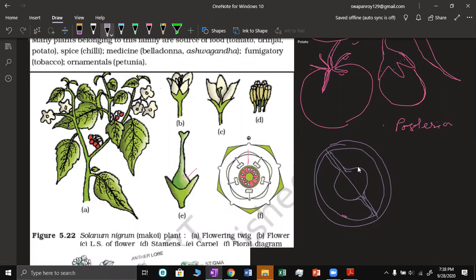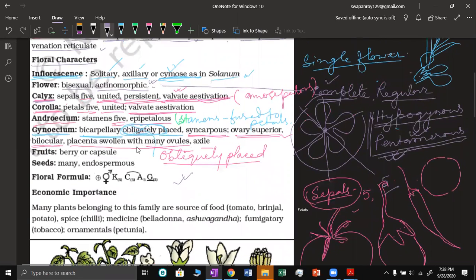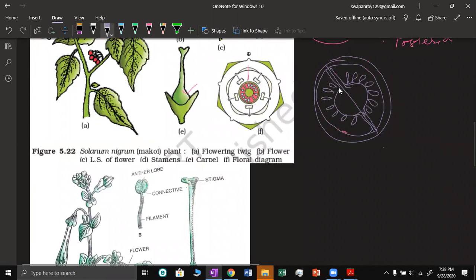Swelling is there, and the ovules are attached here. So in this group of plants, the obliquely placed ovary and this swollen placenta are very unique characters. Swollen with many ovules, and placentation is axial. Axial placentation means the placental tissue is at the central axis, in the center.